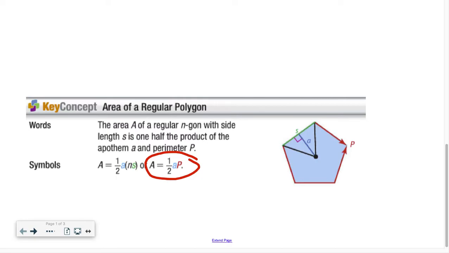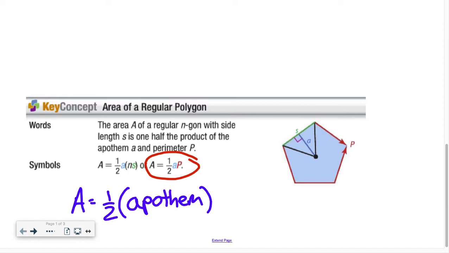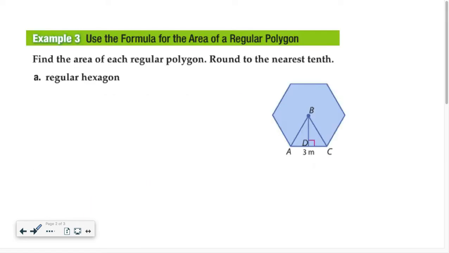So area equals 1/2 apothem length, that's the measure from center perpendicular to one of the sides, times perimeter. That's the one we'll use and we'll see on our quizzes and our test. These problems can be pretty complex.